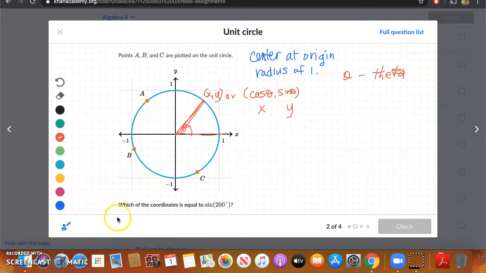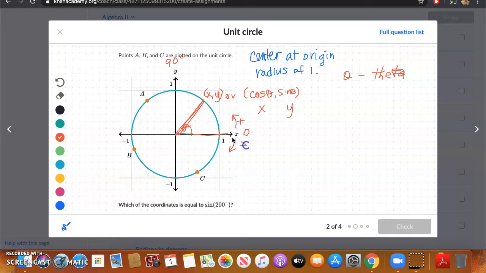Okay, so it says, which of the coordinates is equal to sine of 200? Well, if you remember, the positive x-axis is 0, positive y is 90, correct? We always go counterclockwise. Positive angles are formed going around counterclockwise, and negative angles are formed by going clockwise.